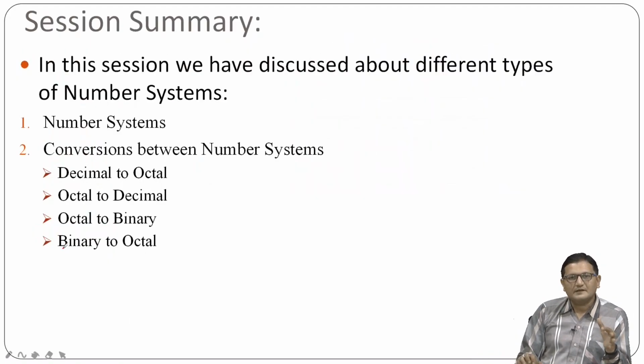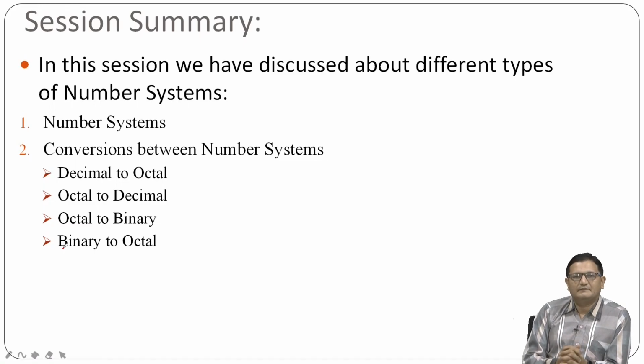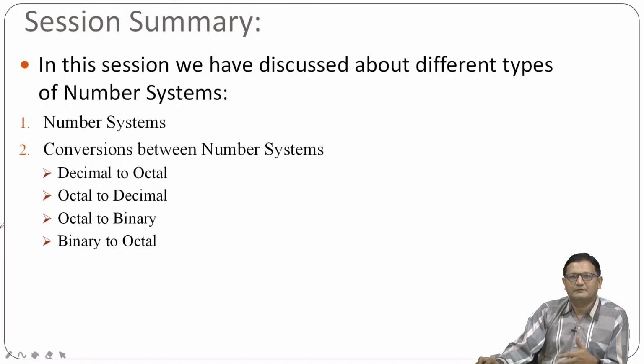So in this particular session, we have learned what an octal number actually is, how we can convert a decimal number to an octal number, how to convert an octal number into a binary number, as well as how to convert a binary number into an octal number.